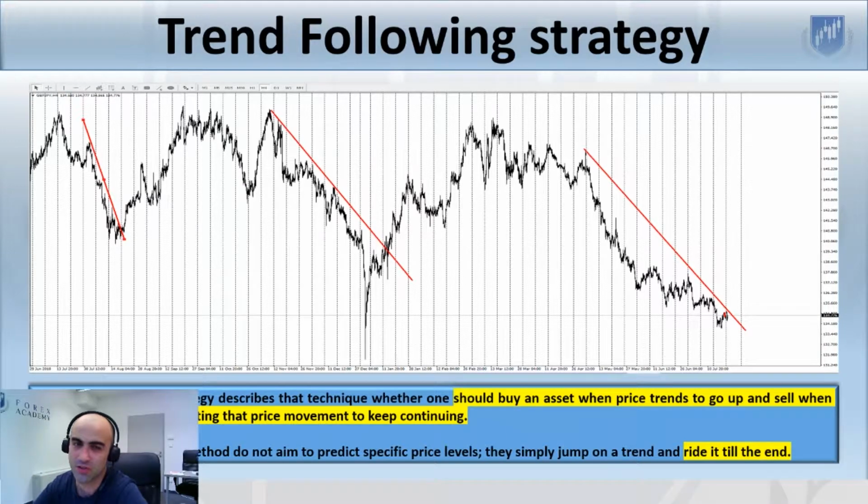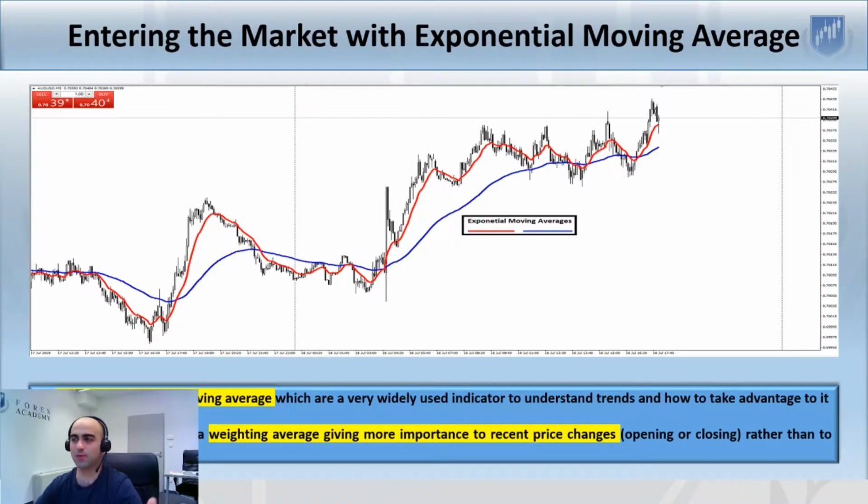Therefore, this is a description of how a trend trader should be behaving: finding the perfect point of market entry, finding the best point where to exit after he rides it all. Well, but how do we do that, and how do you understand a trend following technique?